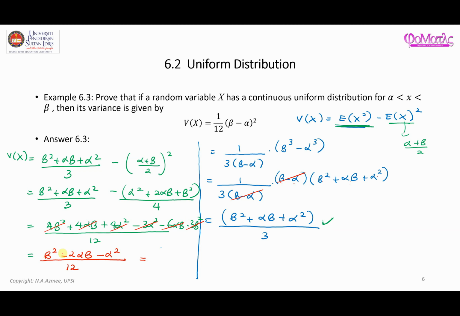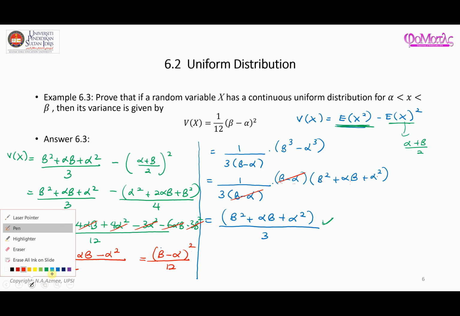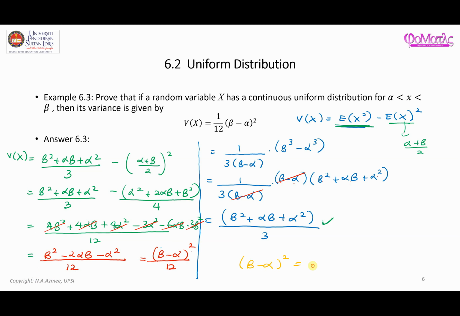And we know that this is the same thing. The upper part is actually beta minus alpha, all squared, over 12. You can try and expand this result if you don't know what this is about. So beta minus alpha, you square it, you will get beta squared minus 2 alpha beta plus alpha squared.